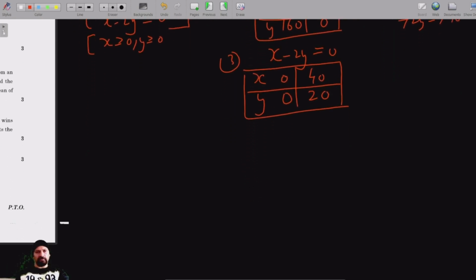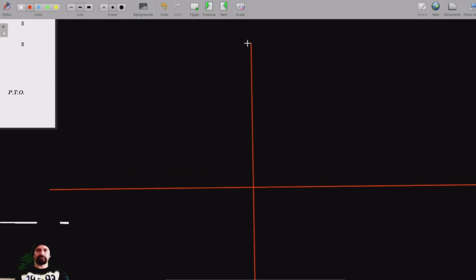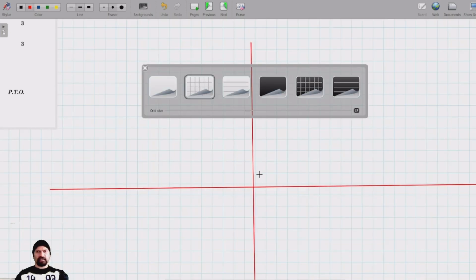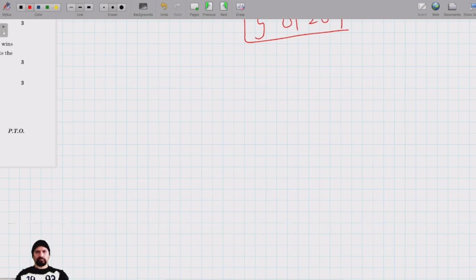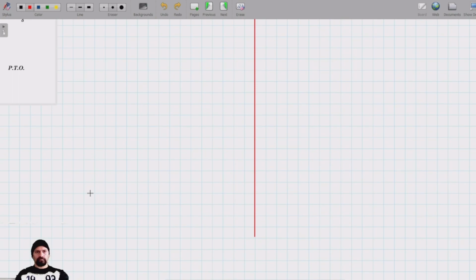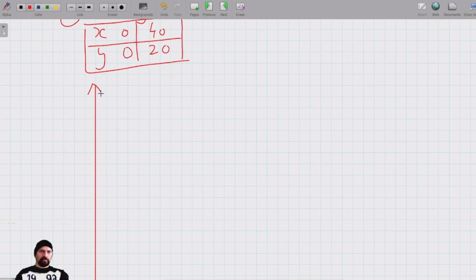For that, let's get the x and the y-axis, and let's try to get it on the grid. Then we are going to use the units.